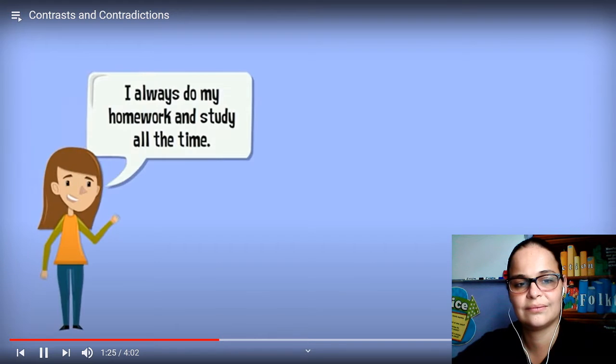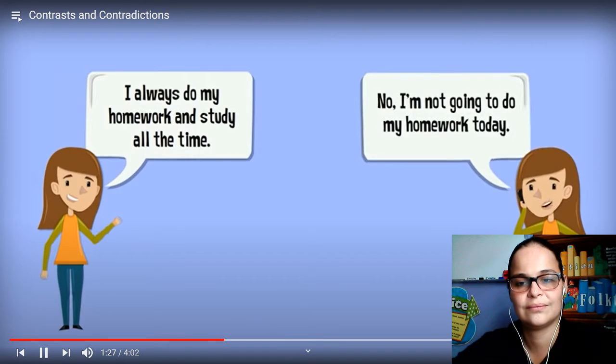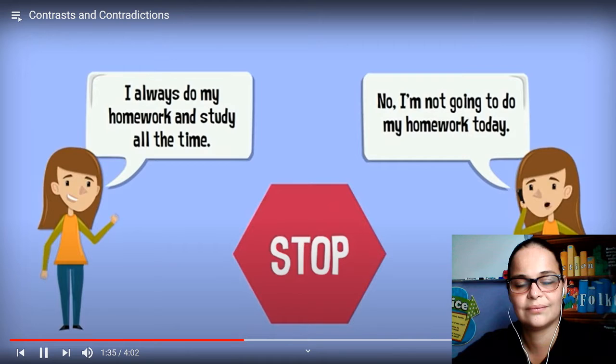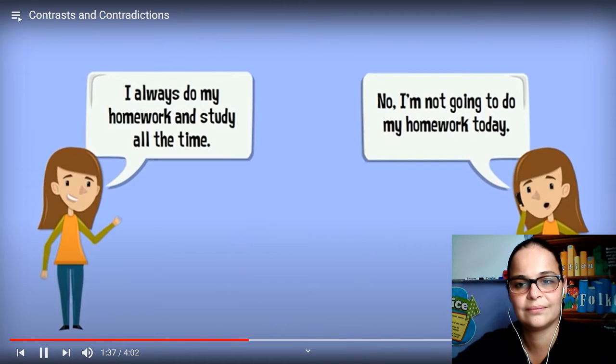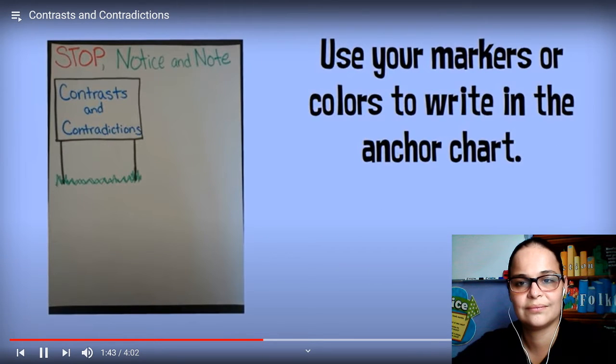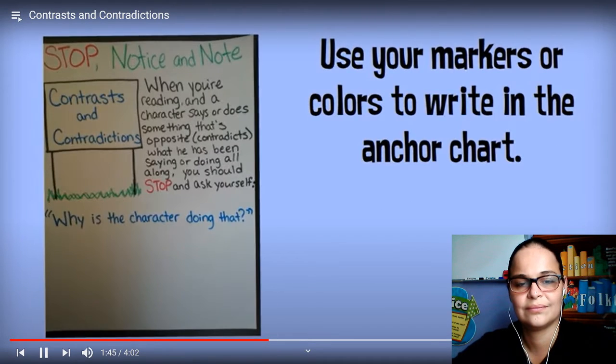When authors show us something that doesn't fit with what we expect, or when they present us with a contrast or contradiction, then we have to pause and ask ourselves the anchor question, why would the character act this way? Let's write this definition down on our notes. When you are done, your anchor chart should look similar to mine.